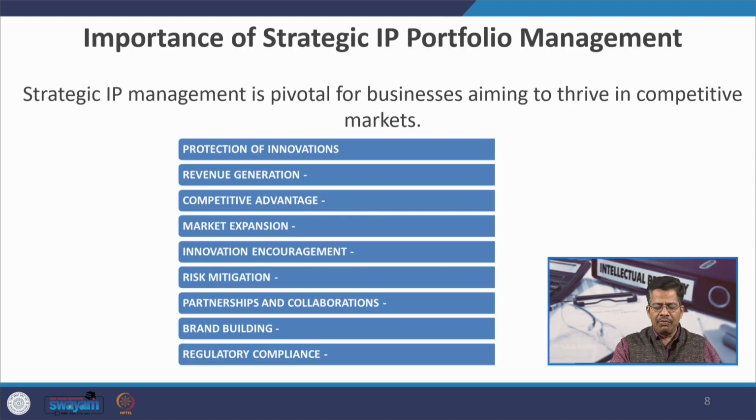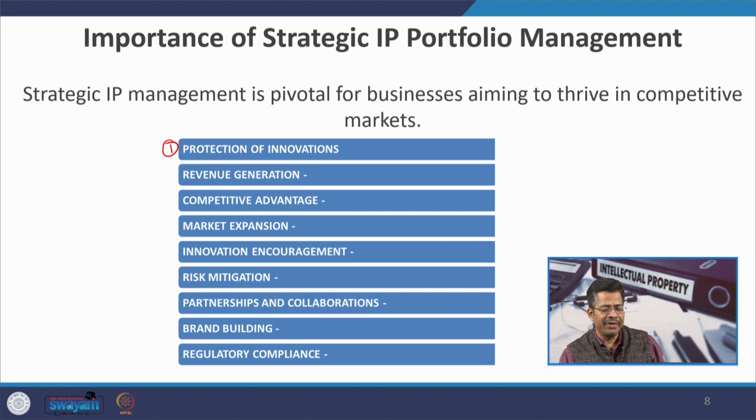Then what are the important strategic IP portfolio management steps? And it requires protection of innovation, but obviously, without having patents, without having trademarks, you cannot have this entire IPPM. So, protection of innovation. Now, whenever we talk of protection of innovation, the entire law and judiciary system of your country, of your society, that automatically comes into the picture.